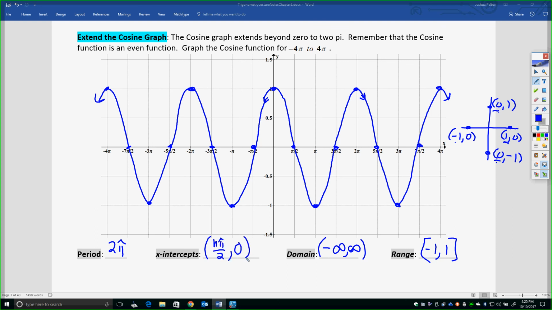But you notice there are 1 half pi, 3 halves pi, 5 halves pi, 7 halves pi. Those are just the odd numbers, aren't they? So n is any odd integer in this case. Alright, that is the end of part 1.